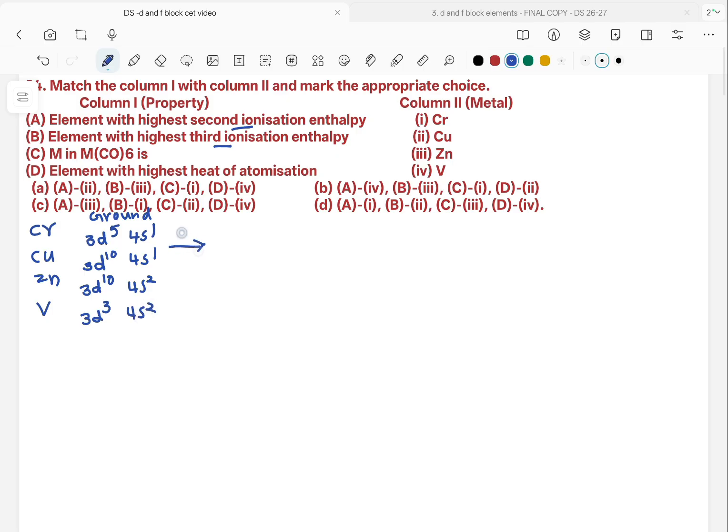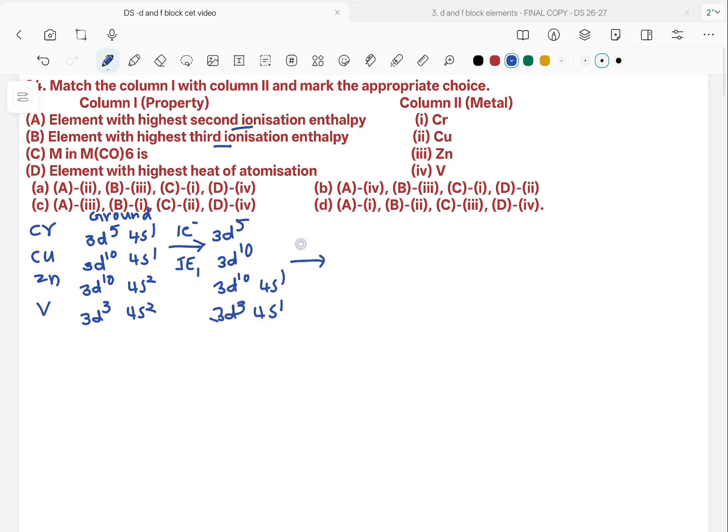By losing one electron, meaning first ionization enthalpy, the configuration becomes 3d5, 3d10, 3d10 4s1, 3d3 4s1 respectively.